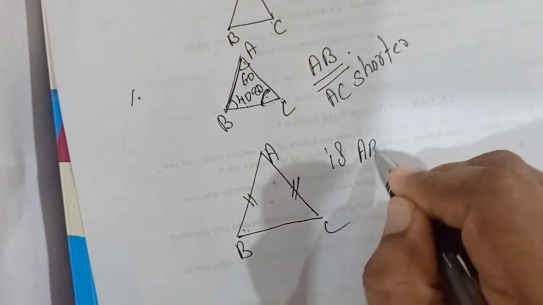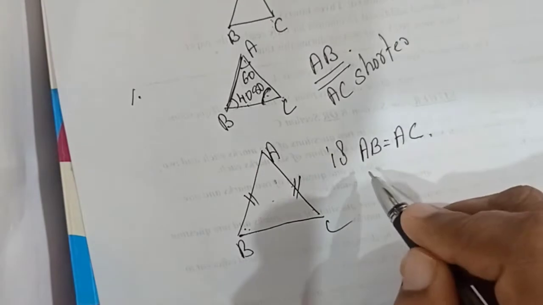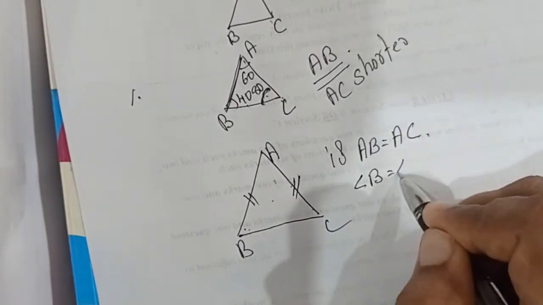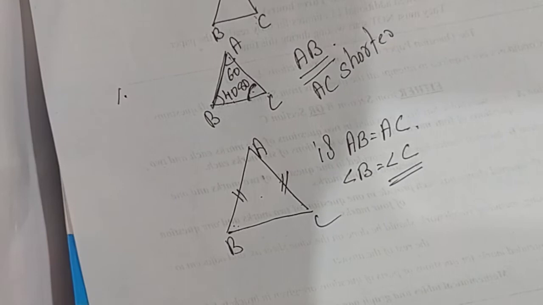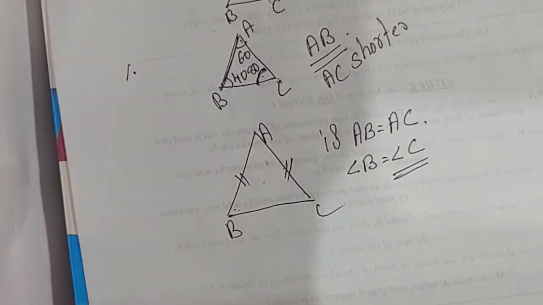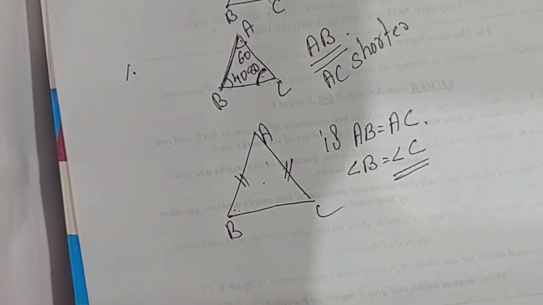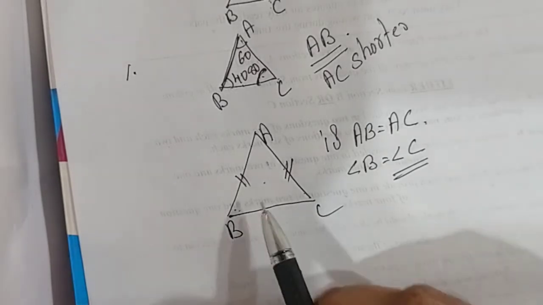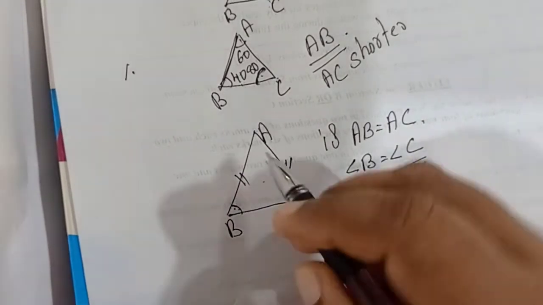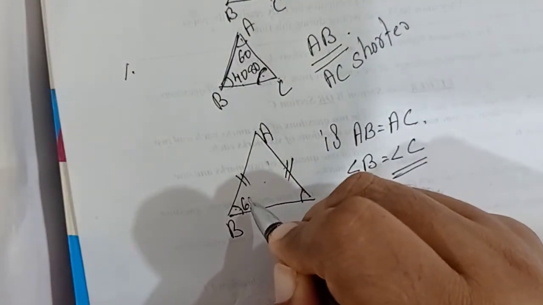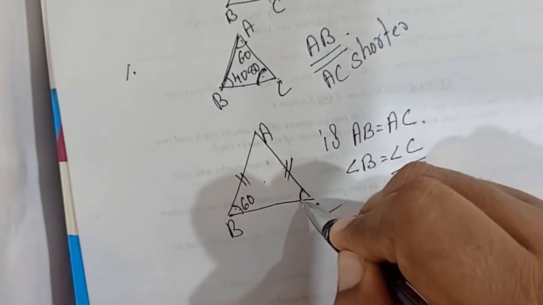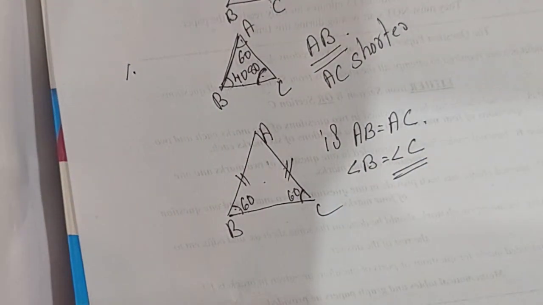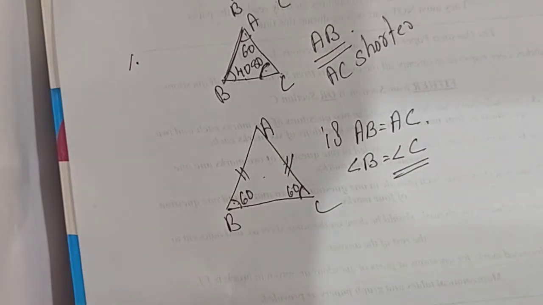If AB equal to AC, then angle B equal to angle C. Or in other words, for an isosceles triangle, what is the meaning of isosceles? Two sides are equal. For an isosceles triangle, base angles are equal. Here, if this is 60, this is also 60. Okay, base angles are equal.